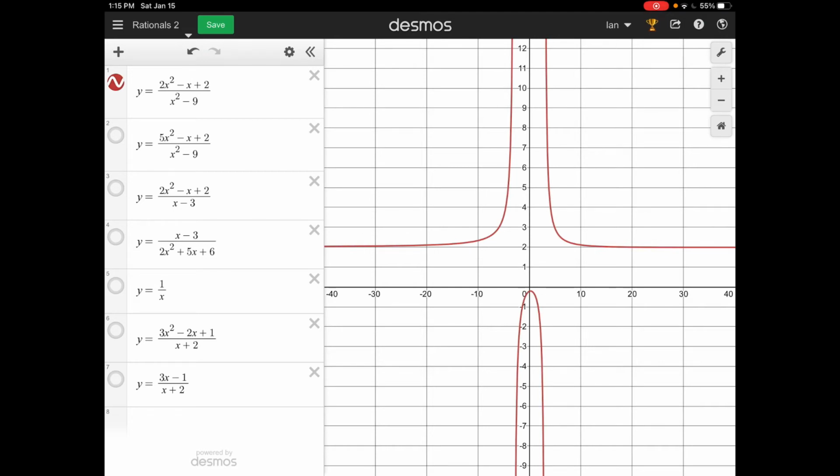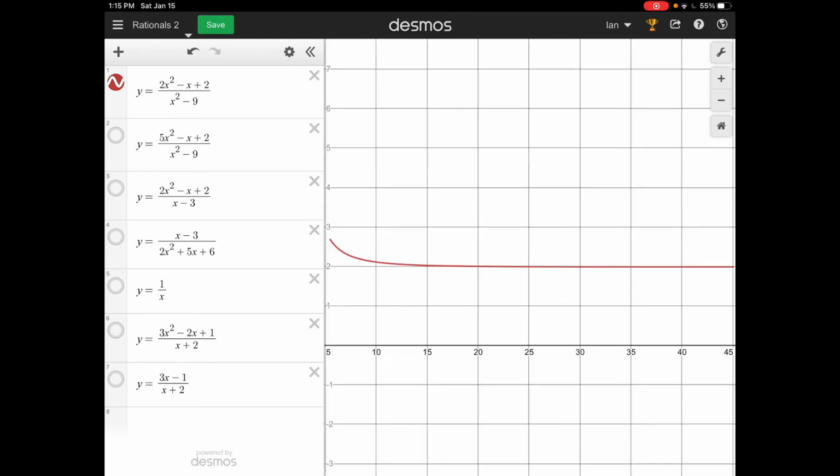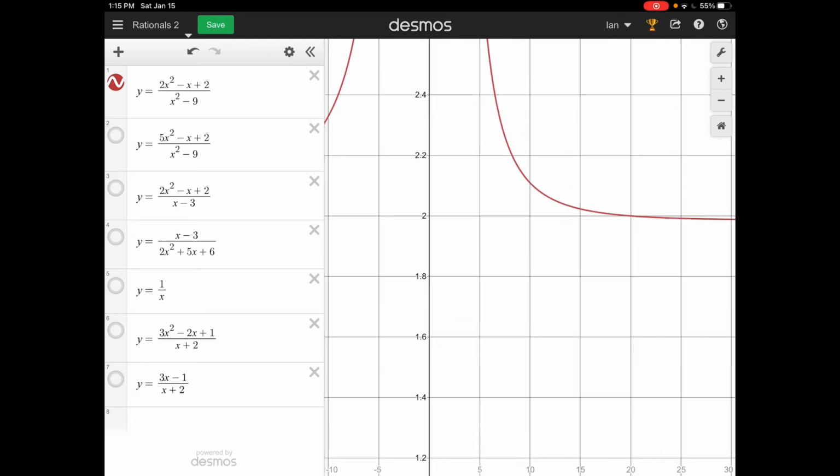But if I think about what's going on with this first function, it looks like as I go to the far right and far left, I'm getting closer and closer to the number 2. That is the definition of a horizontal asymptote. You have a horizontal asymptote at y equals 2. You might say, hold on, it's right on 2. I bet if you zoom in enough, it won't be exactly on 2.